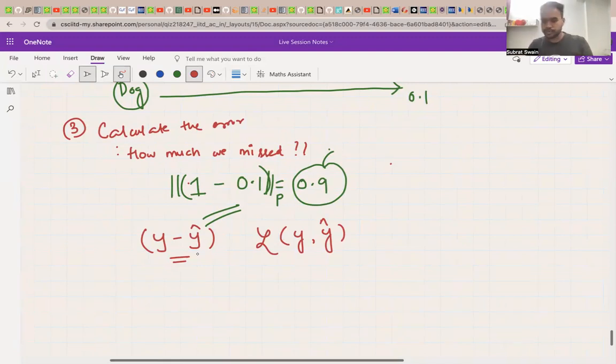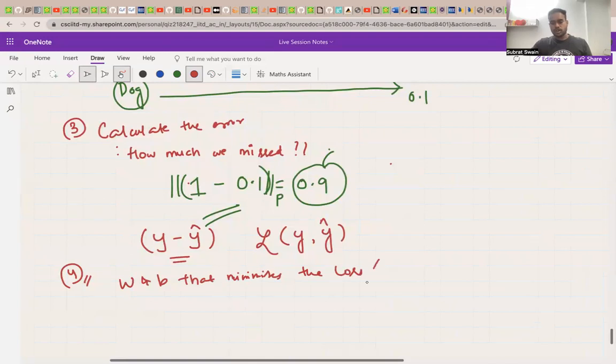Given this loss, what we need to do is find the W and B that minimize the loss, or cost. This is also called cost.